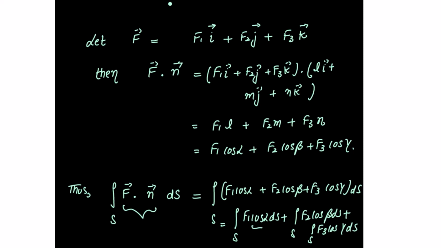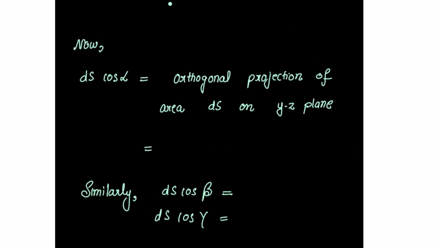Now what is cos alpha dS? It is the orthogonal projection of area dS on the yz plane. Because the plane is yz, this is equal to dy dz. Similarly, dS cos beta is the orthogonal projection of area dS on the zx plane, so that is equal to dz dx.